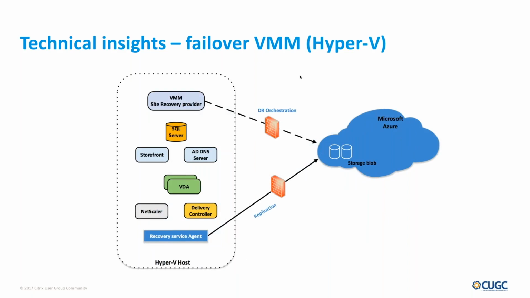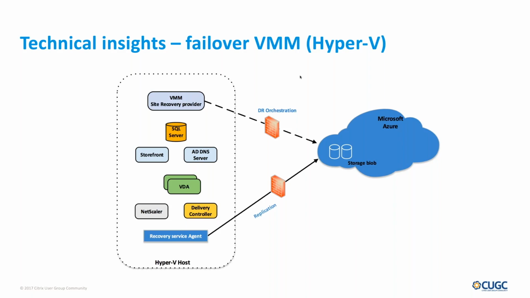And here's a technical insight of the actual failover of the virtual machine with System Center Virtual Machine Manager. It's a little bit different. The recovery services agent, just as in the VMware setup, is installed on the servers, and it's replicated also through the internet or over the ExpressRoute public peering to the Azure Storage Blob account.